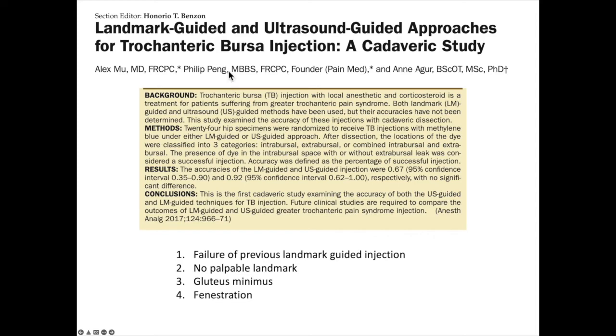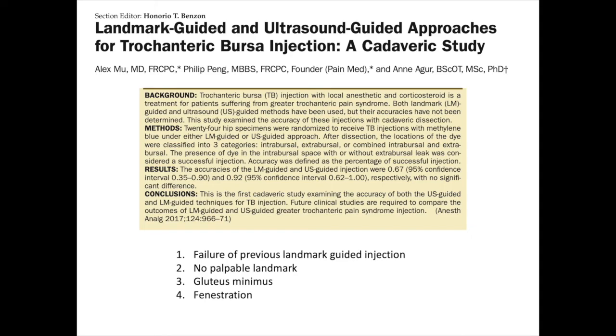But I think there are a few situations where ultrasound-guided injection will certainly be highly indicated. First, when someone has had a failure of response to a previous landmark-guided injection, I think it is pretty reasonable to give the patient a better chance with an ultrasound-guided injection.